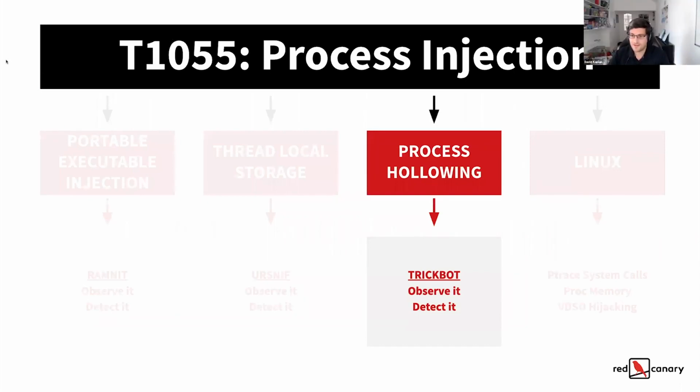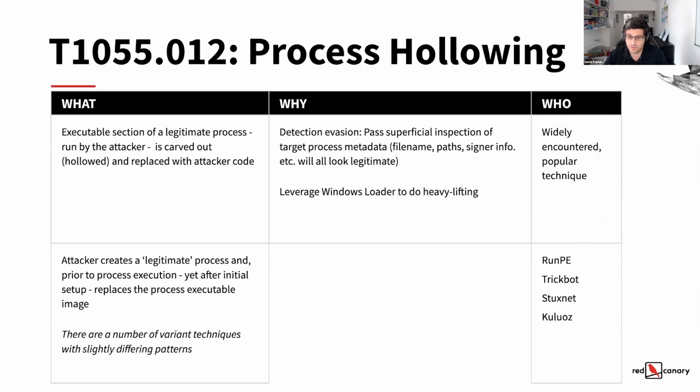Thanks, Erika. So continuing on our theme of discussing a technique and taking a look at a case study, the next few slides we'll be speaking about process hollowing and looking at Trickbot and seeing how they employ it. Process hollowing is a process injection technique which in essence allows an attacker to carve out the executable section of a legitimate or benign process and replace it with their own payload.